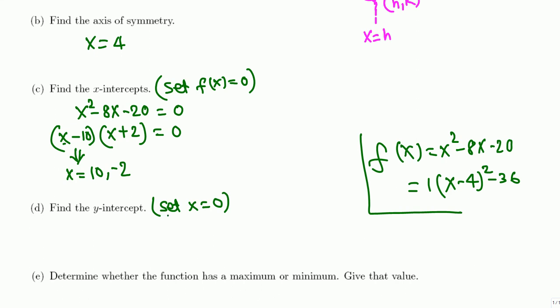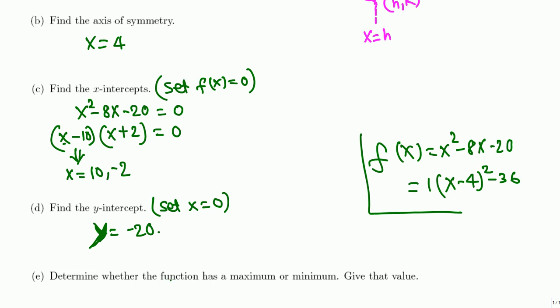Now to find the y-intercept, we plug in x equals 0. So 0 squared, 0 minus 0 minus 20. The y-intercept is y equals negative 20, which is the constant term in the given equation. That's the y-intercept.